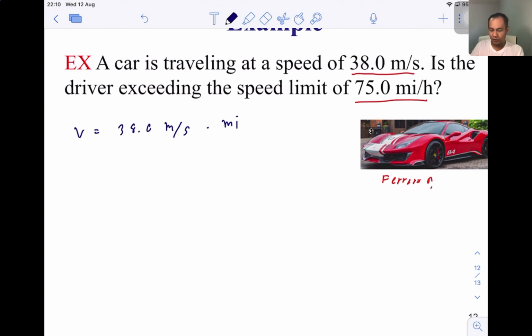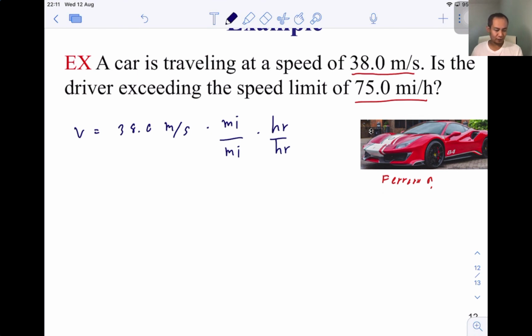I usually multiply by mile over mile and times hour over hour. If we multiply this unit, mile per mile, hour per hour, nothing changes, so the number should be the same, the 38.0.